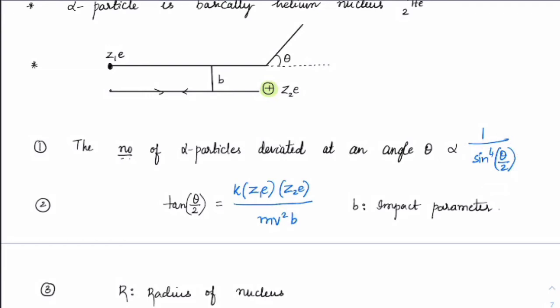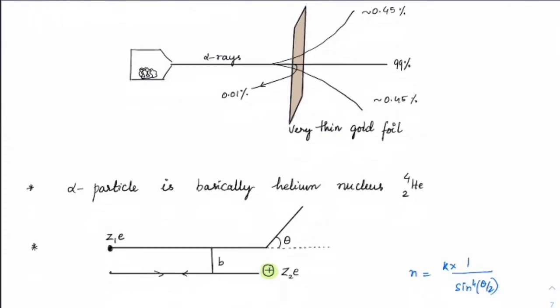Here they will give you a formula. Normally you will be given like this: the number of alpha particles deviated is equal to some constant into 1 by sine power 4 theta by 2, and this constant value will be given, so you have to calculate this n. So that's how you will be given in the exams. Any doubt with the Rutherford's model?